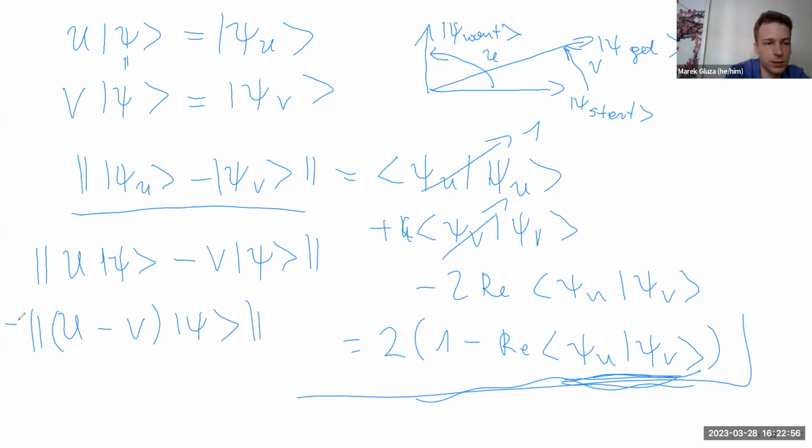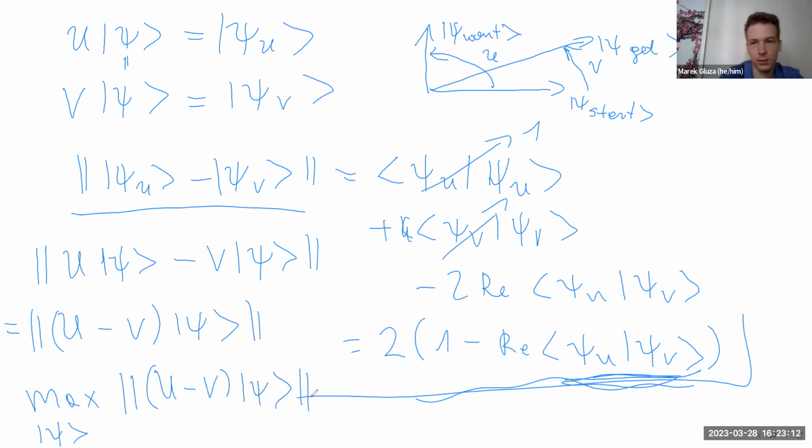Okay, so this is with equality. And now I can consider the maximum over all possible starting states and ask how the same starting point for those two different ideas for how to implement something distinguishes it. Okay, and that becomes our operator norm now, for example.